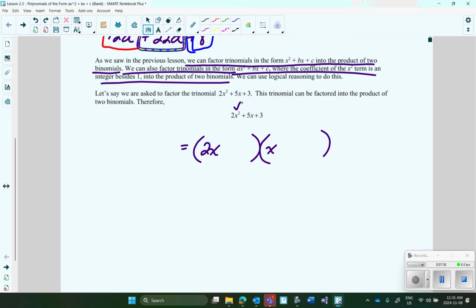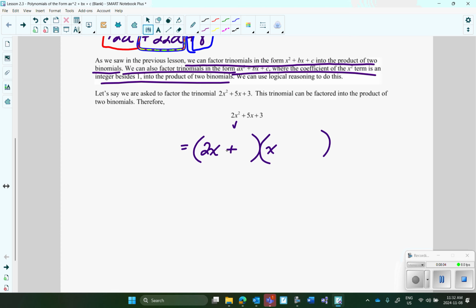I know that this is right. Actually, I'm going to check mark on the bottom, so I'm going to put my rainbow up top. The two numbers here have to multiply to get 3. What two numbers multiply to get 3? 3 and 1.